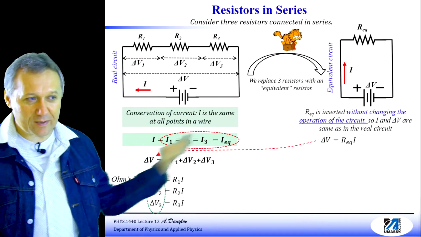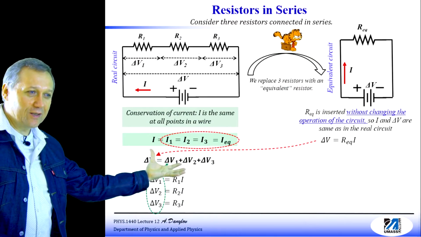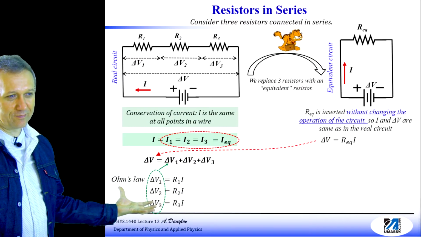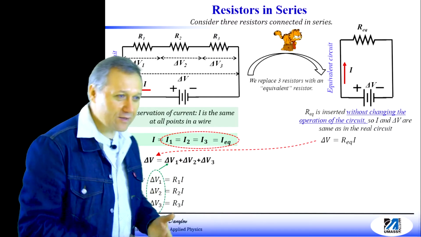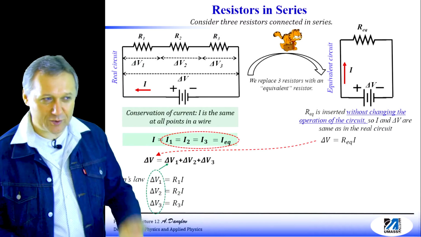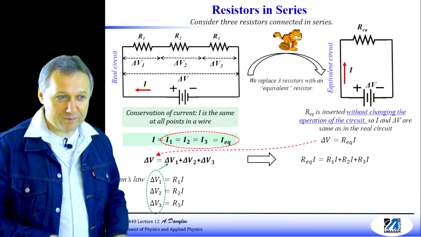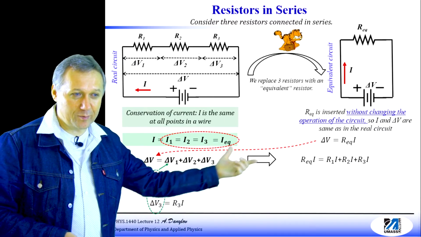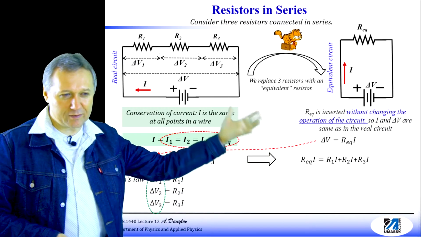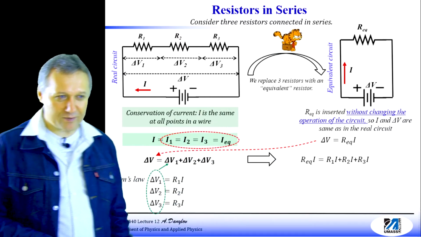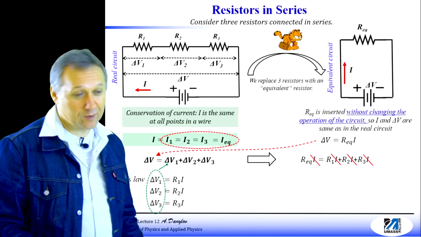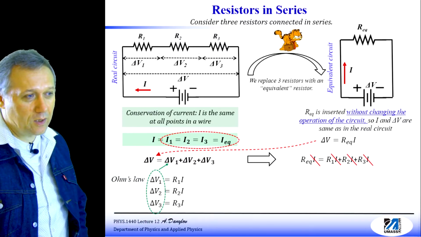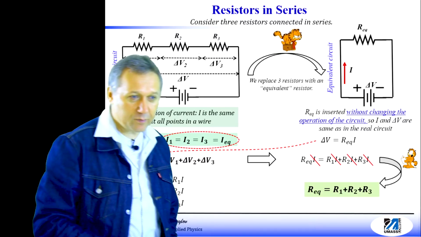We can grab that and shove it into the left-hand side of this equation. After this, we just need to write this expression in terms of these substitutions, and we're almost done. So R equivalent times I equals R1 times I plus R2 I plus R3 I. All currents are the same and can be cancelled, and we get the formula which most of you know from high school.